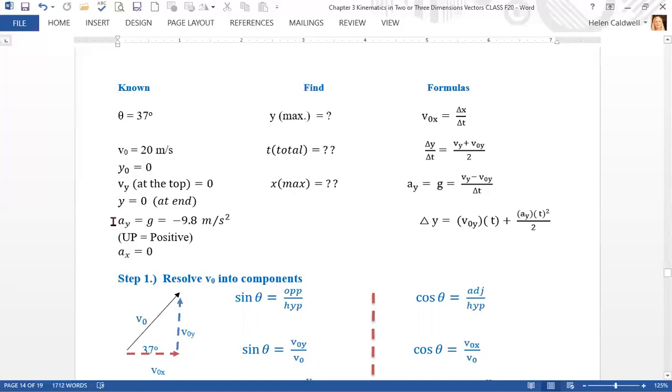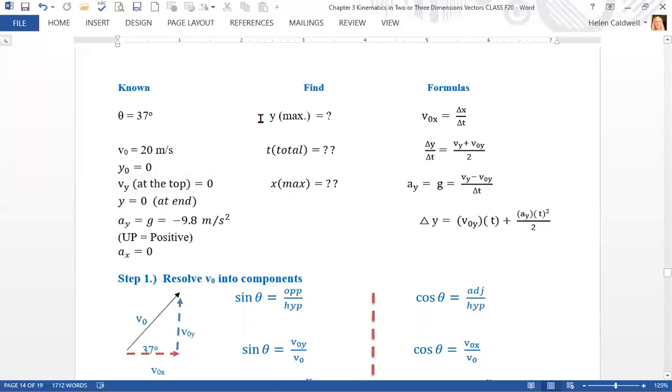We also know that the acceleration in the y direction is due to gravity, and I'm going to make that negative 9.8 meters per second squared, because I'm going to say that up is in the positive direction. Because the ball goes up and then comes down, most people would pick up to be positive. And we know that our acceleration in the x direction is 0.